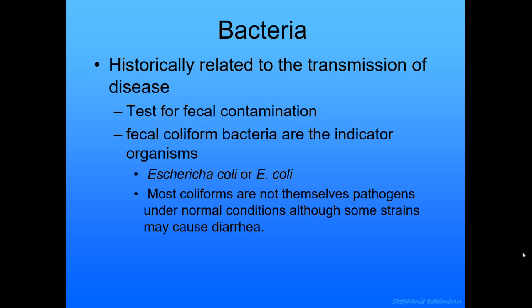So they're not themselves the pathogens, even though some of them can cause diarrhea. But what they do is they show you that there has probably been fecal contamination. And with fecal contamination come other issues, because you know that there's been human waste that has contaminated the water, and then human waste comes with its own problems.